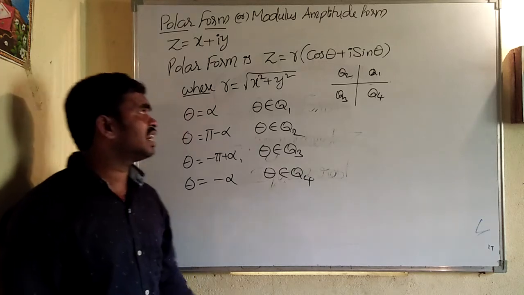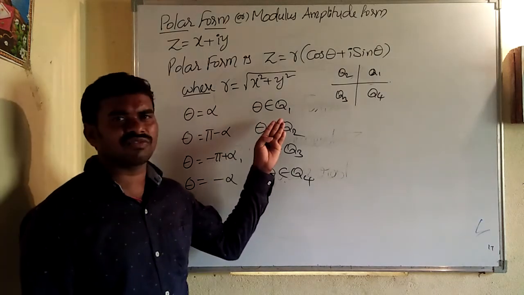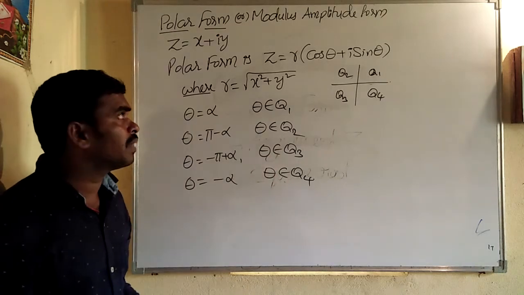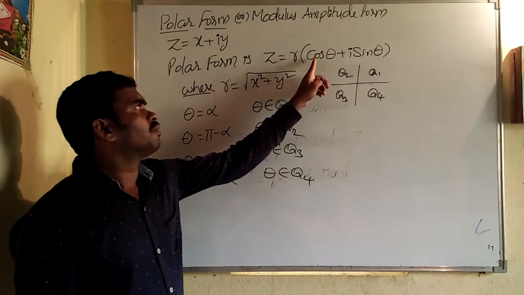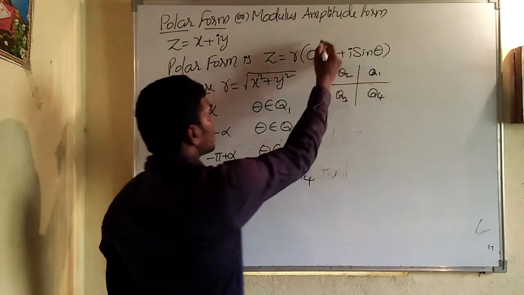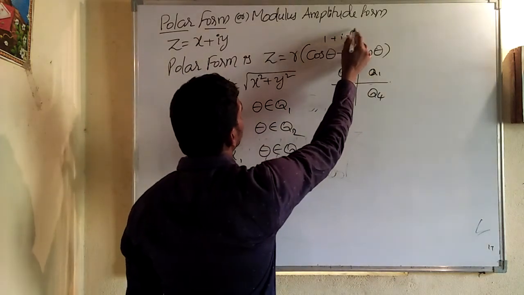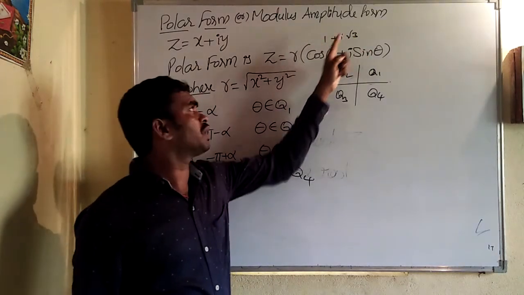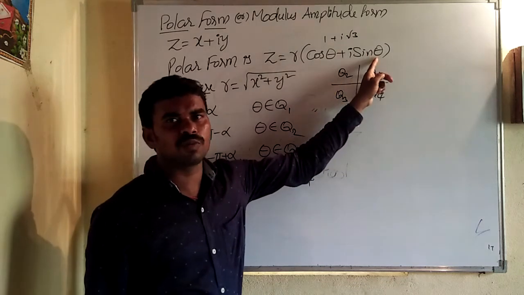How can we say which quadrant theta belongs to, first, second, third or fourth? By observing the cos and sin values. Suppose we have plus 1 and plus i root 3, for example. 1 is positive, root 3 is positive, so the cos value is positive and the sin value is positive.